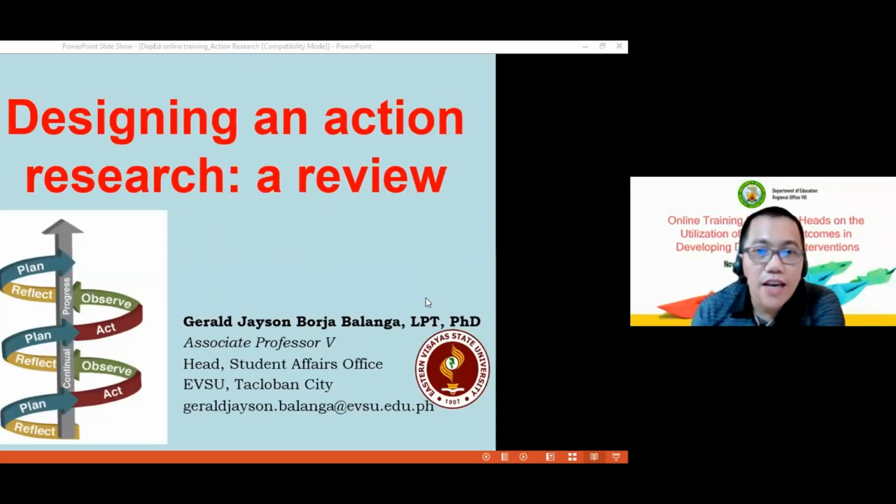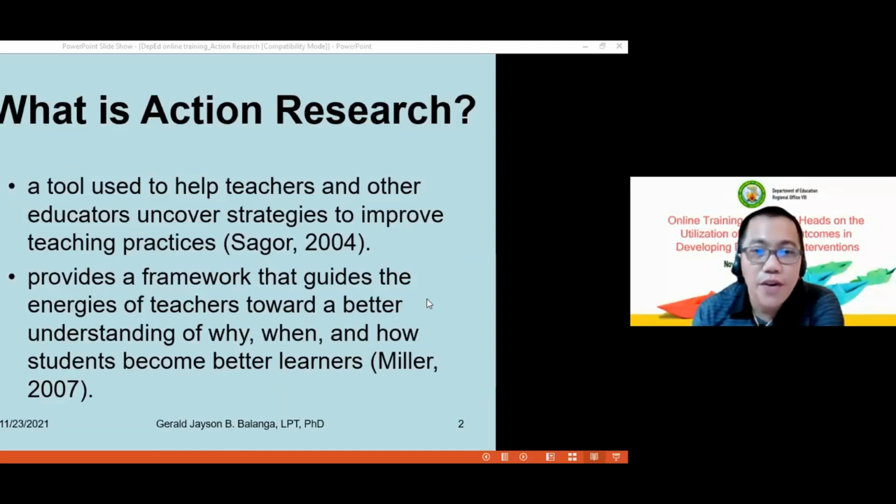The first few slides are actually definitions of action research. Why is action research important? It helps teachers and school heads like you to uncover strategies to improve teaching practices. Expectedly, if you are a school head, you are also good at teaching.